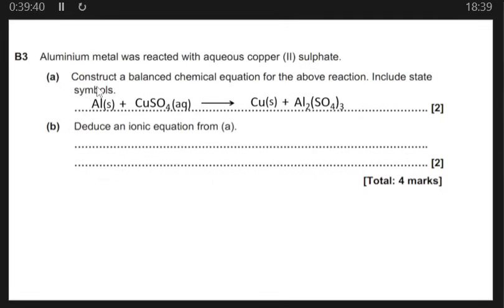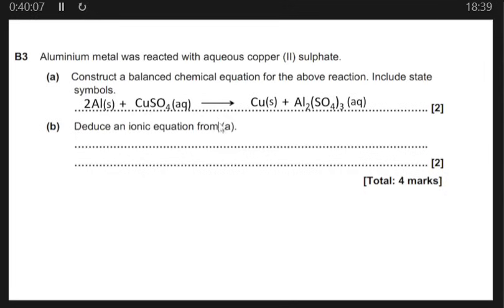Then they are saying construct a balanced equation. We have included the state symbols. So check aluminium here, it is 1. Here it is 2. So put a 2 here. Then what we are going to look at again is sulfur.